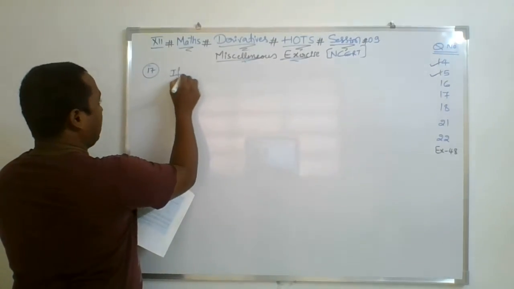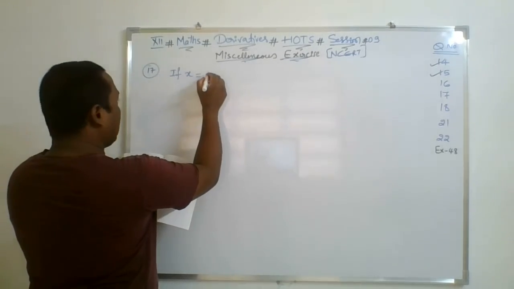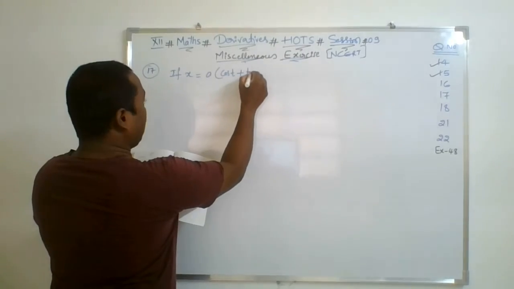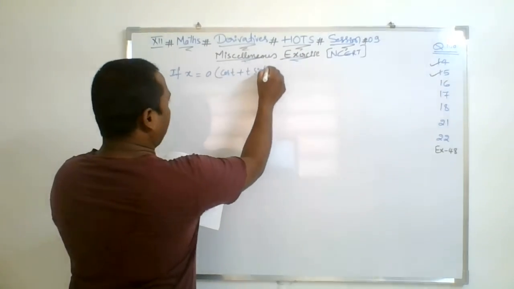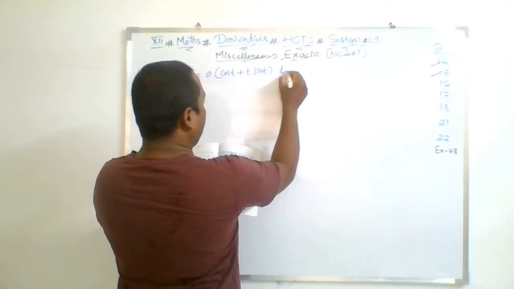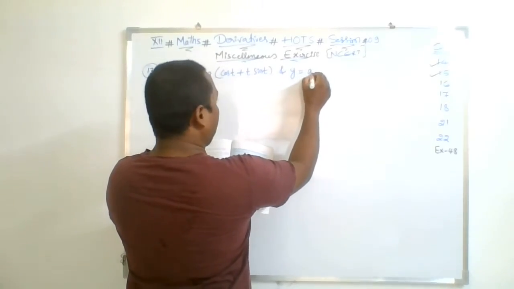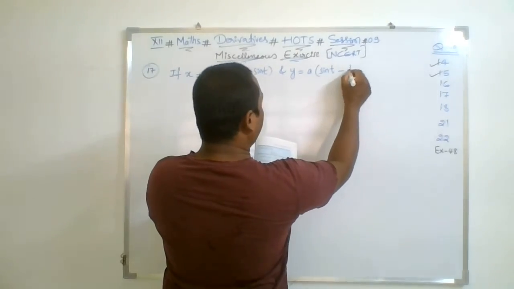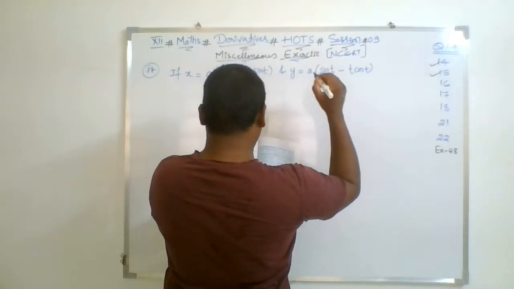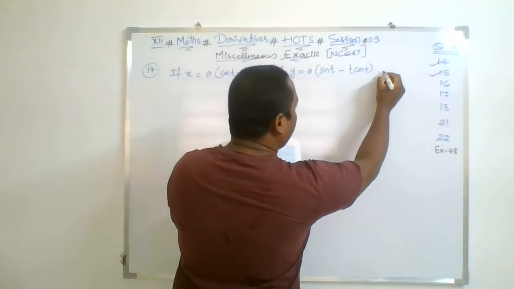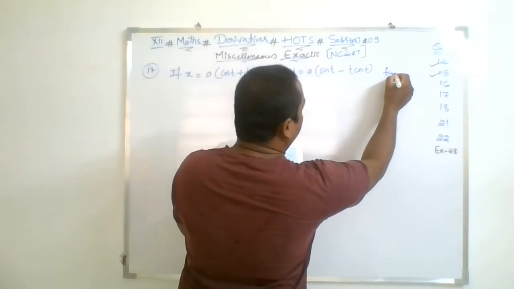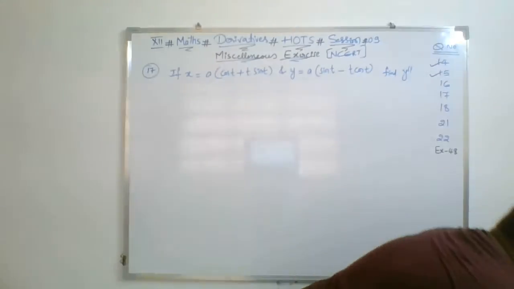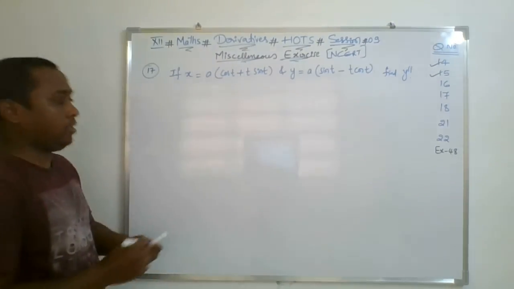If x is a function a into cos t plus t into sin t, and y is a function a into sin t minus t into cos t, you need to find y double dash. That's it. That is d square y by dx square.